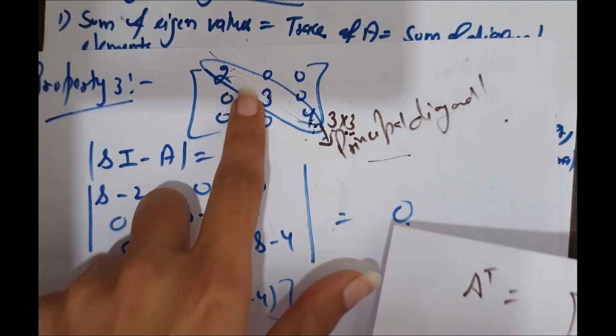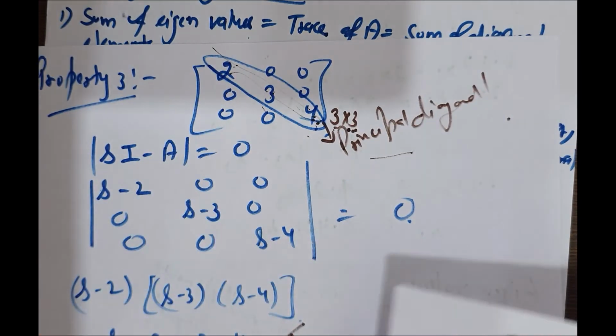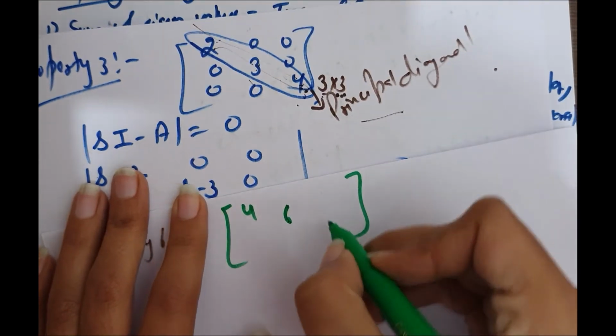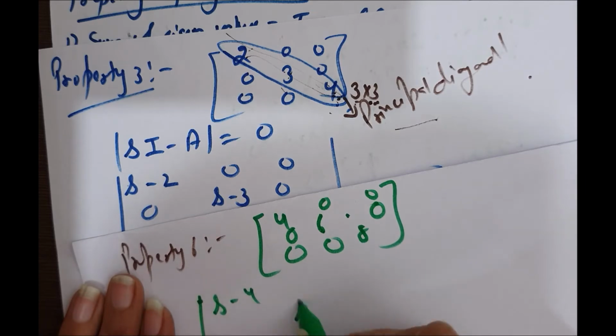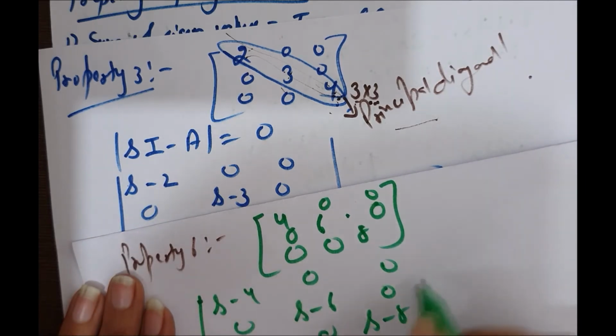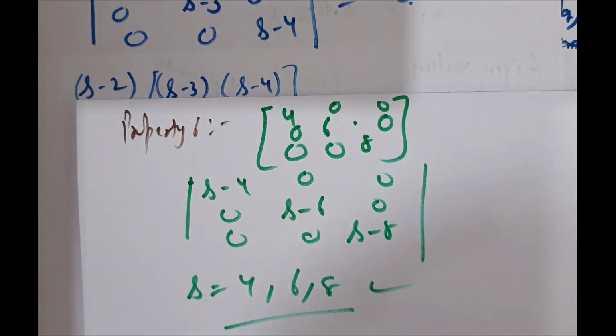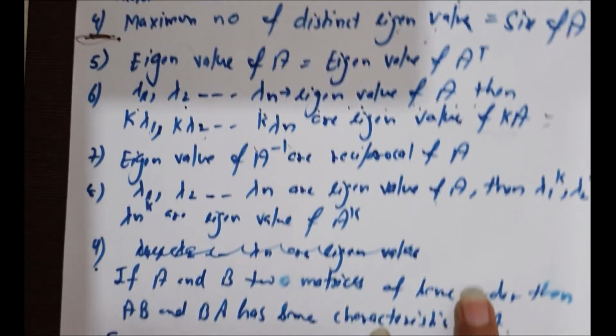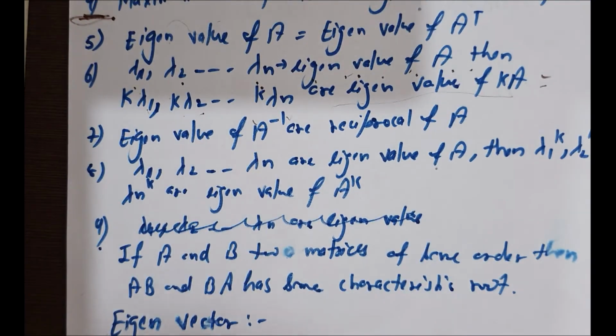Let's see, if we multiply this matrix by 2, how its eigenvalues get affected. Here they are 4, 6, 8. So you can verify this property with other examples also. I have shown you with one example.